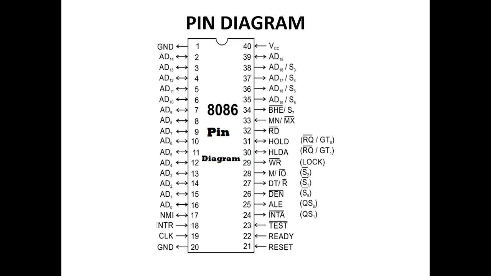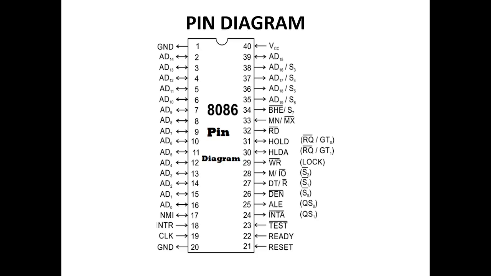Pins 24 to 31 have different functions for minimum mode and maximum mode. For minimum mode of operation, MN/MX bar is connected to VCC, that means plus 5 volts. All control signals for controlling memory and IO devices are generated inside the 8086 microprocessor. In this mode, peripheral devices can be used with the microprocessor without any special consideration.